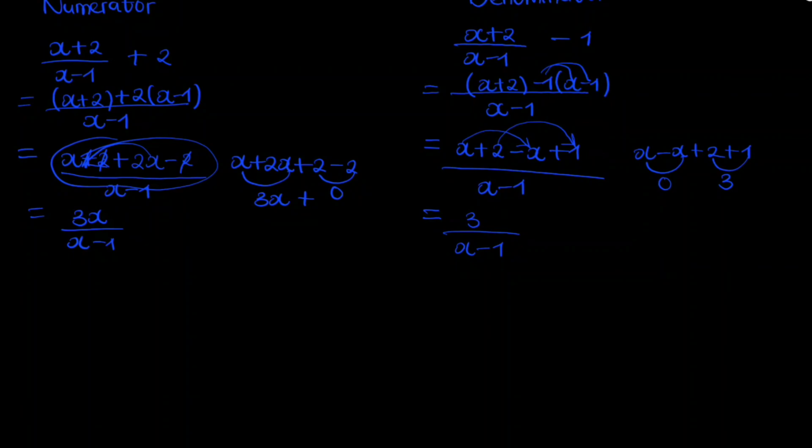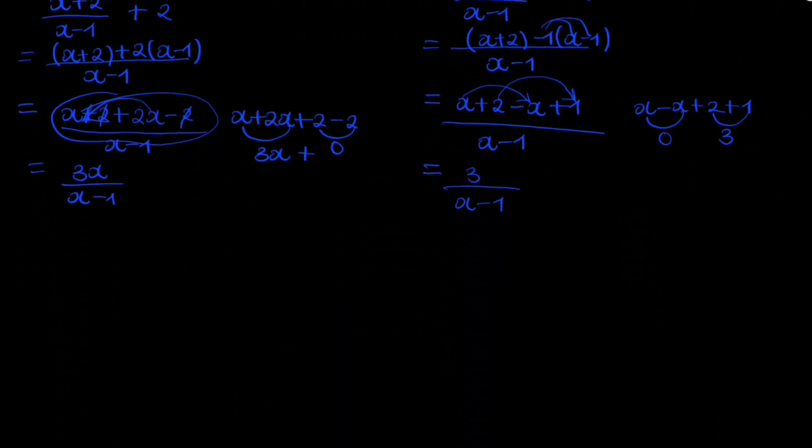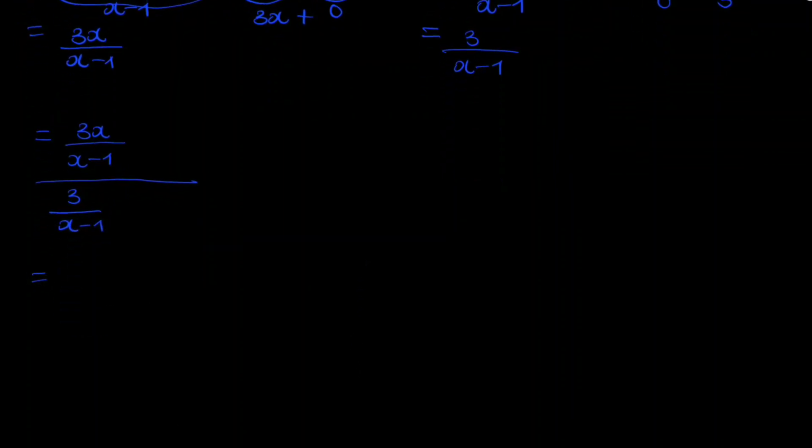We have simplified our numerator and our denominator. Now let's put it back in our original equation. The numerator is 3x divided by x minus 1, all that divided by 3 divided by x minus 1.